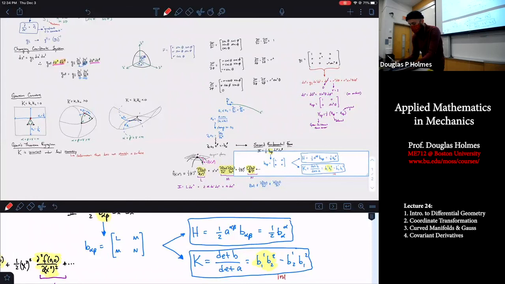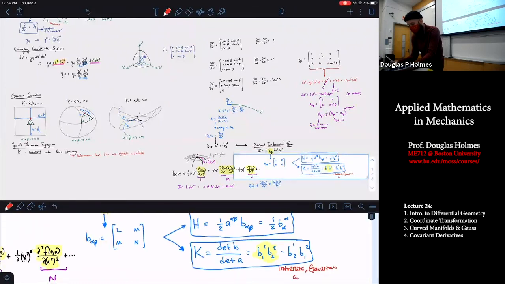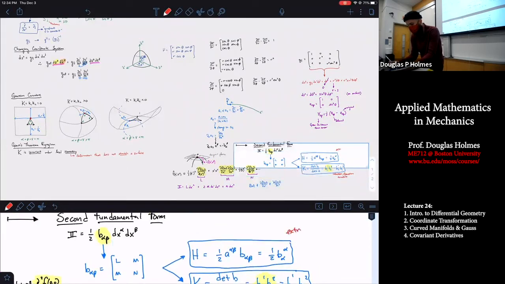This is your intrinsic Gaussian curvature. This is your extrinsic, meaning you can only see it from the embedding space, mean curvature.